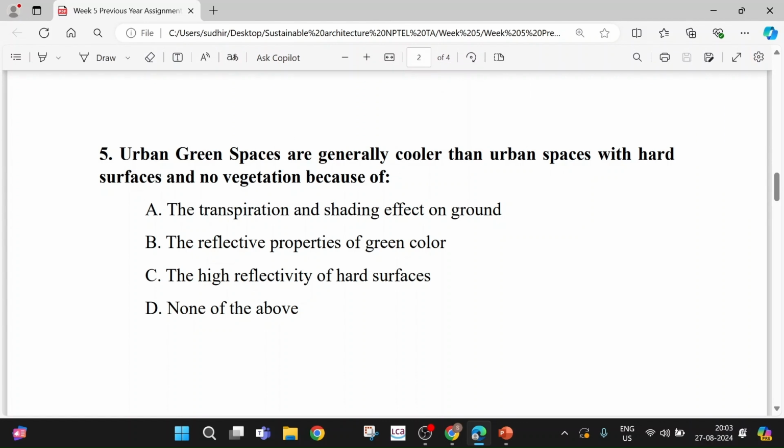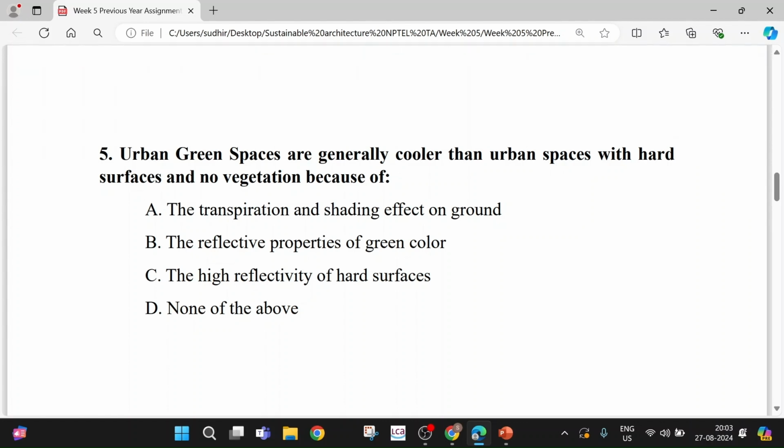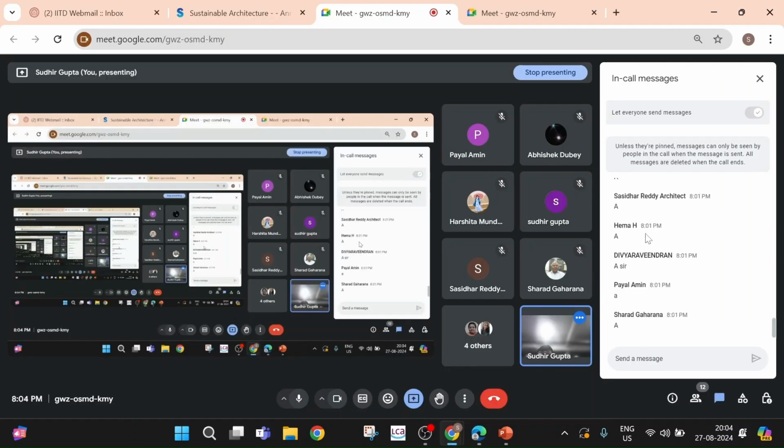So all of you try to give an answer to question number 5. Then we will be left with only the last 5 questions for today's session, and we will be ending the session. Let's see how many responses I have received.